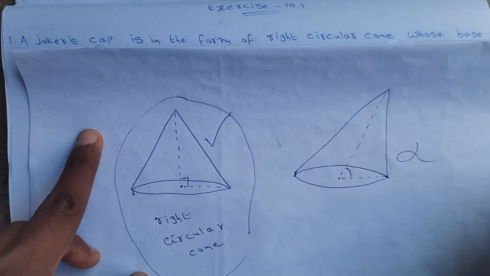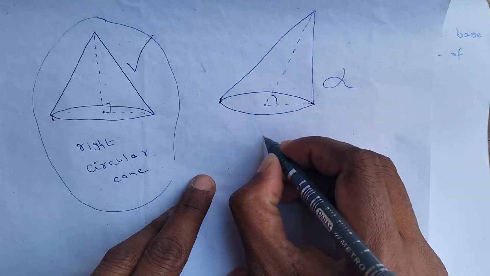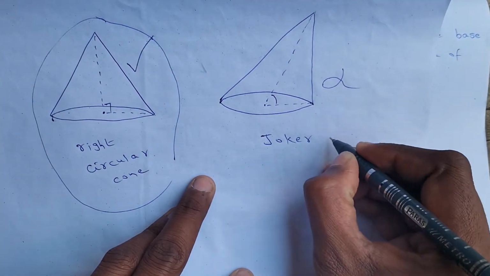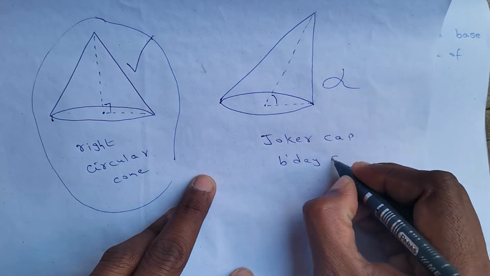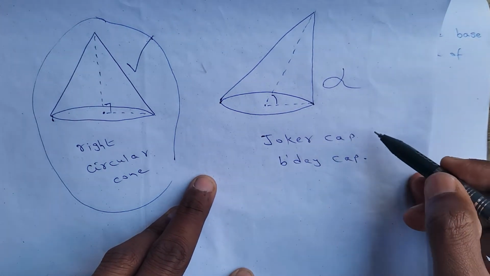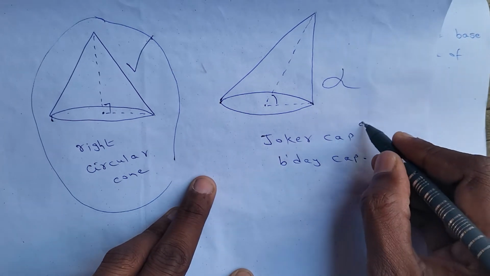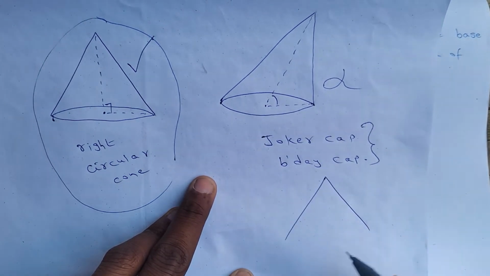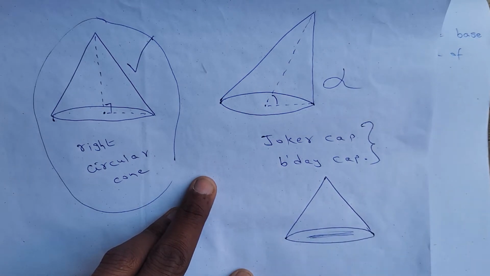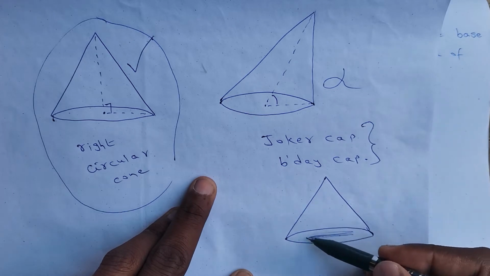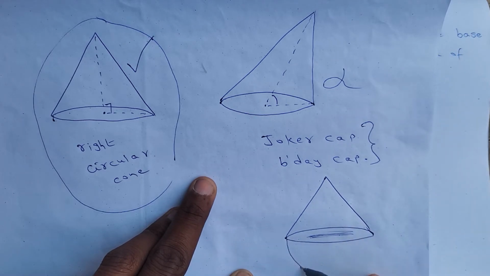Next thing, whether it may be a joker cap or a birthday cap, always this bottom part will be open because we need to keep our head inside of it.